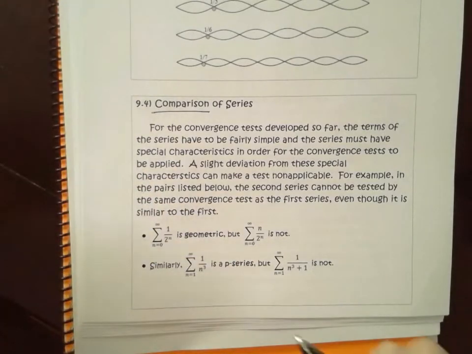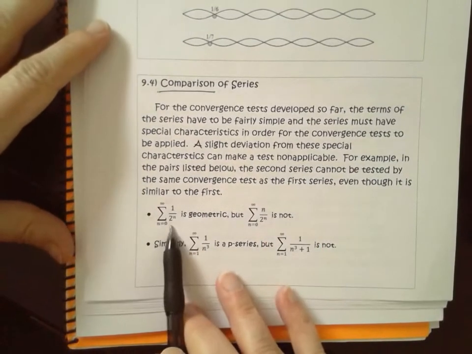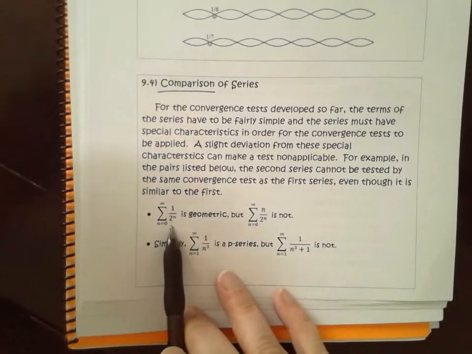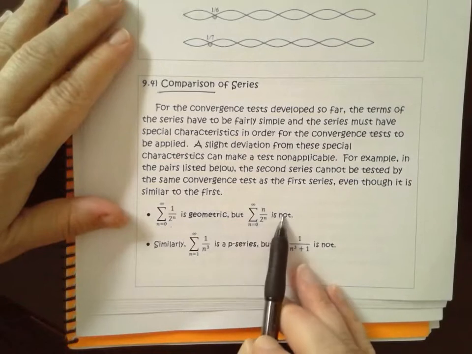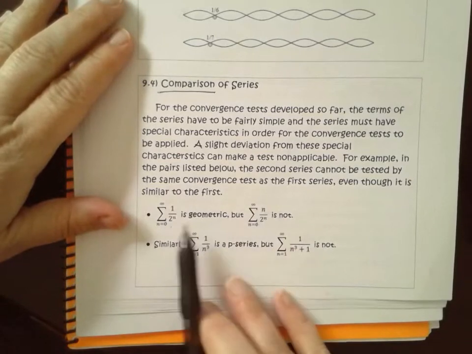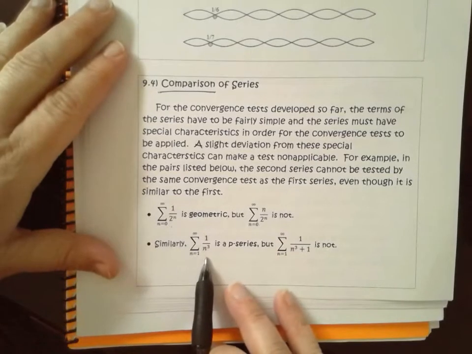So here's what we know. A couple examples. This is a geometric series. It's a convergent geometric series. However, this one's not a geometric series, okay? But I might be able to use this to figure this out. This is a p-series.